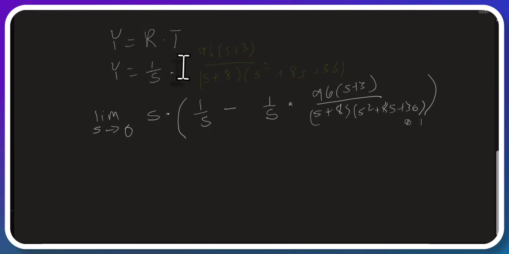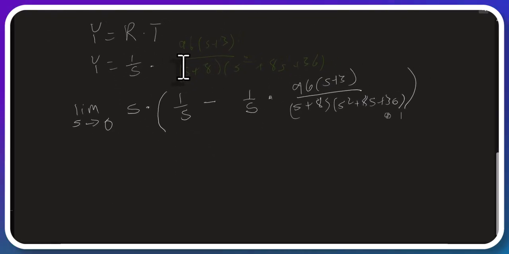So now, if I multiply that s through, I get the limit as s approaches 0 of 1 minus t, or 1 minus the limit as s goes to 0 of t.